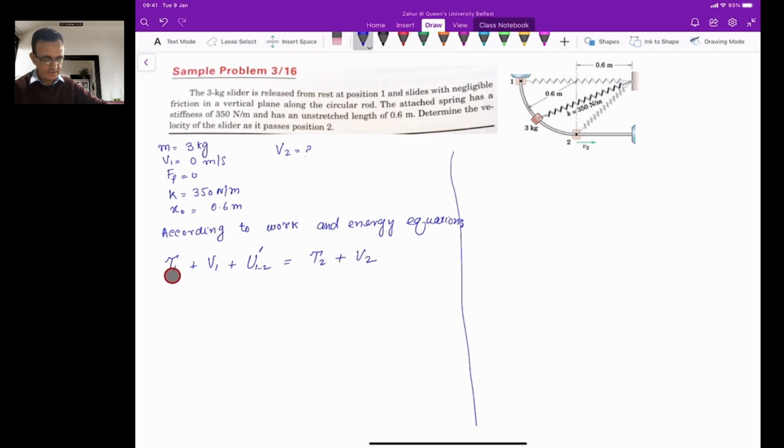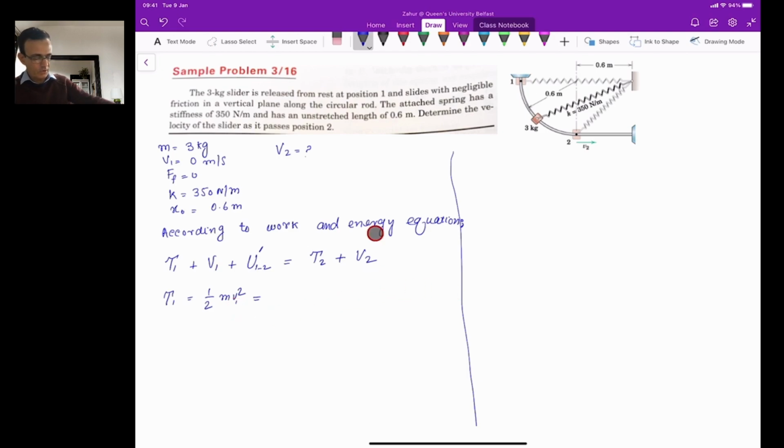So in this case, the initial kinetic energy, which is T1, is equal to half m v square, or v1 square. So you should differentiate between this v and this V. So this is velocity, and this is the potential energy of the body. v1 here is the velocity of the body.